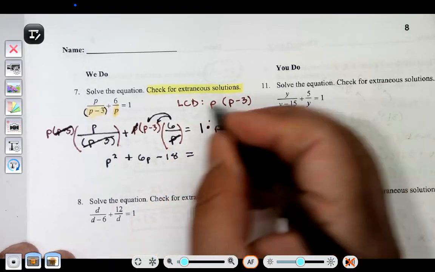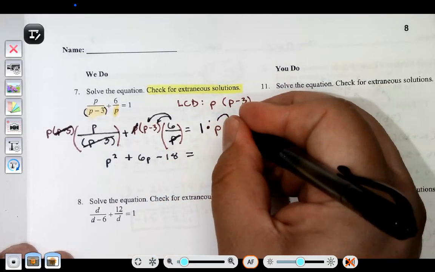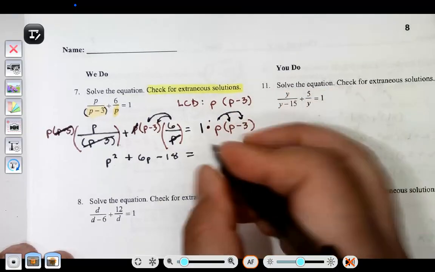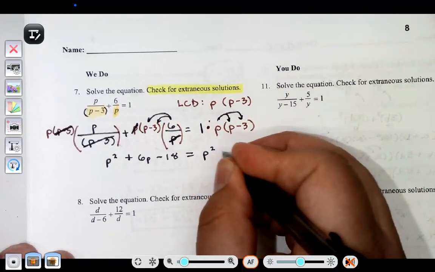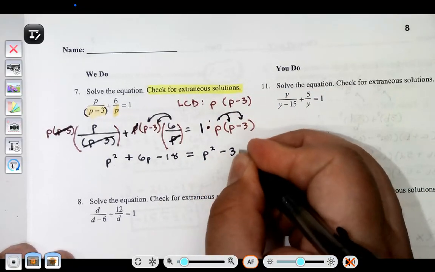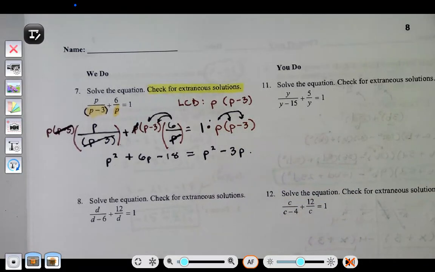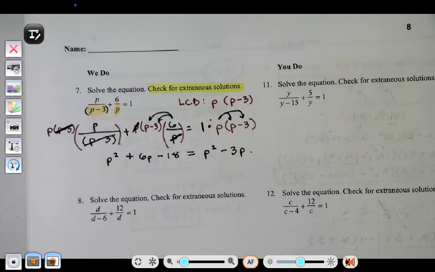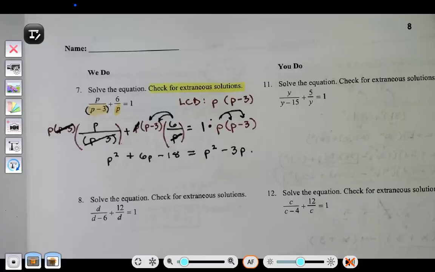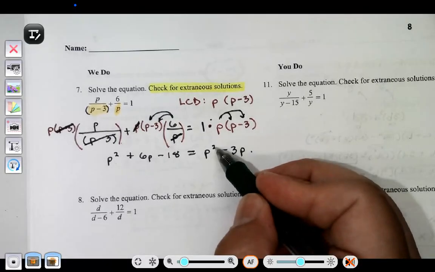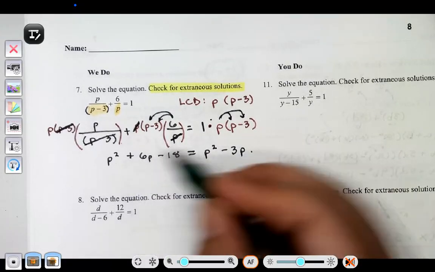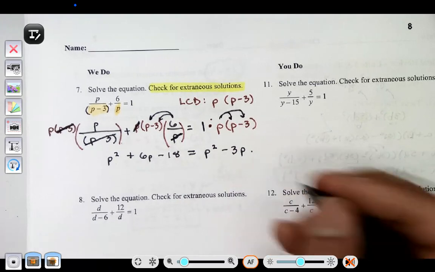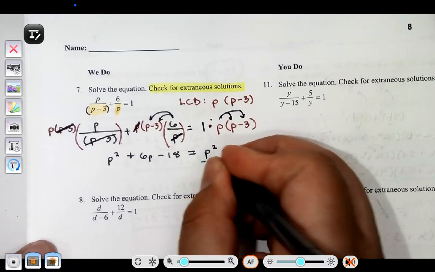And it equals, well, there's no canceling on this one, so you do have to distribute again. So it says P squared minus 3P. So that's with the distribution. Now, we do have a power of 2, which usually means I need to set this thing equal to 0. So one of the first things I'll do is subtract the P squared.